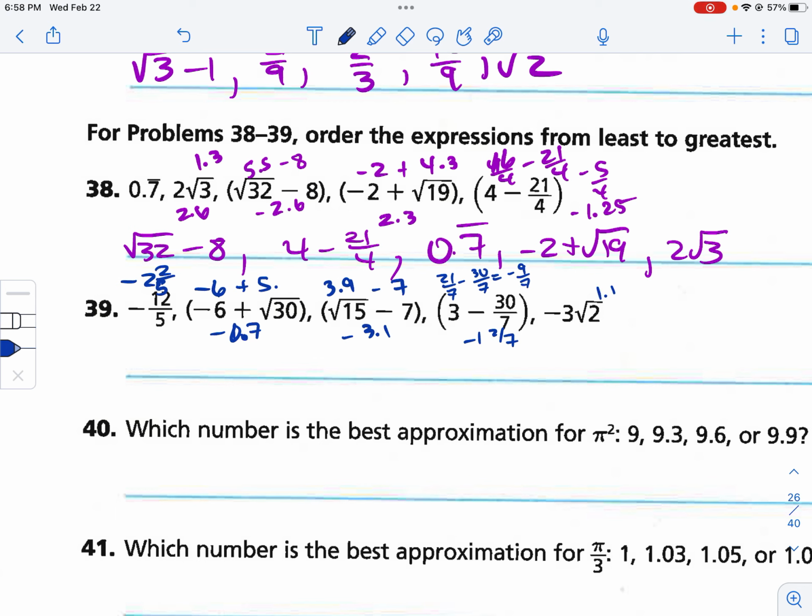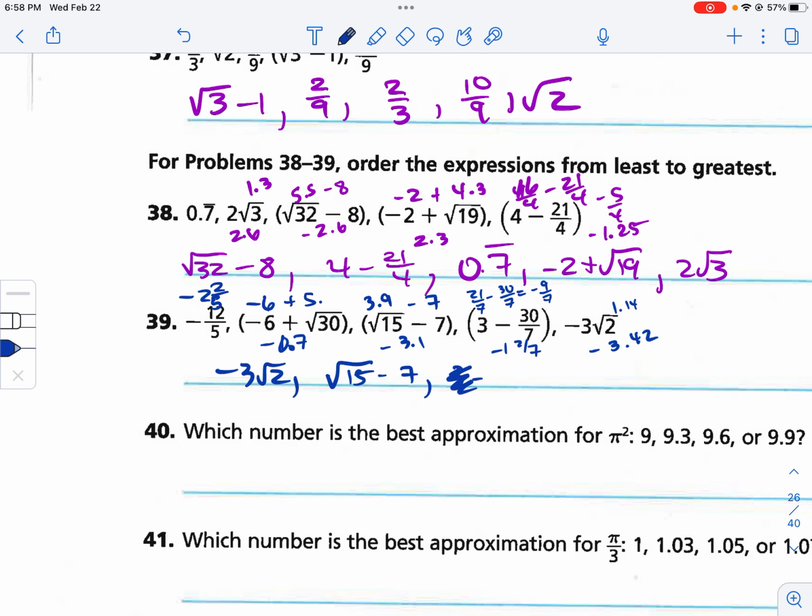And this is 1.14, so negative 4/2. Okay, so the smallest number is negative 3 radical 2. Then the square root of 15 minus 7. And then 3 minus... Then negative 12 over 5. Then 3 minus 30 over 7. And then negative 6 plus the square root of 30.